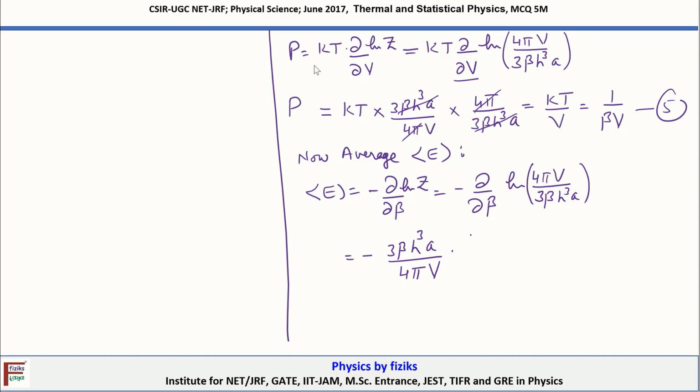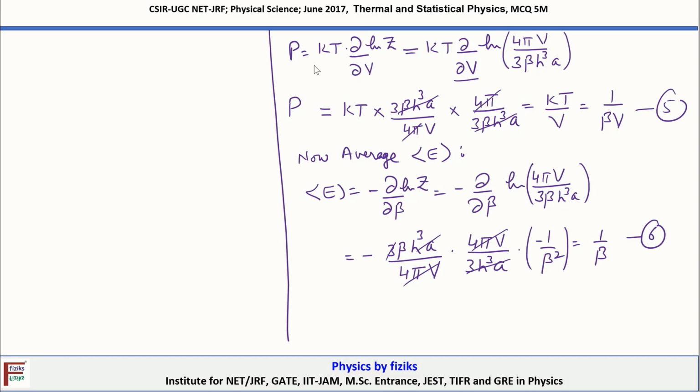The constant terms remain as they are, 4 pi V upon 3 h cube a, and then the differential of 1 by beta, which is minus 1 upon beta square. So 4 pi V and 4 pi V cancel, 3 h cube a cancels, and the two minus signs become plus, so this is equal to 1 by beta, and this is our equation 6.